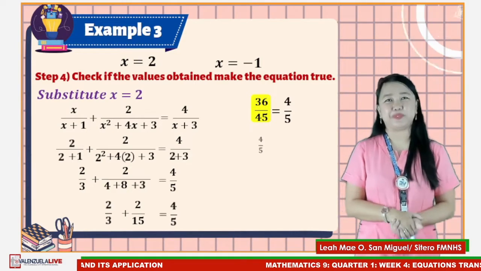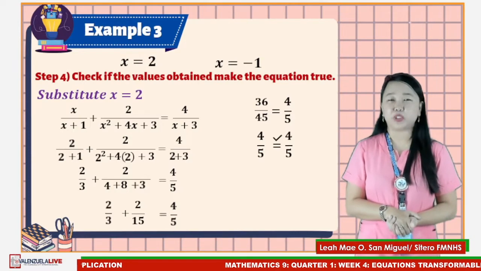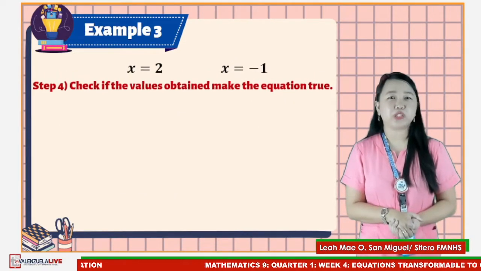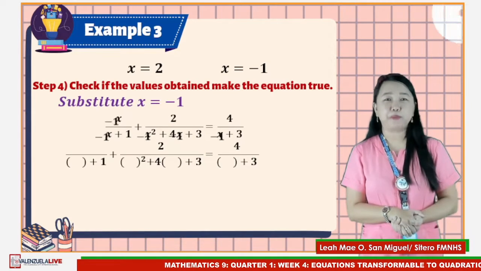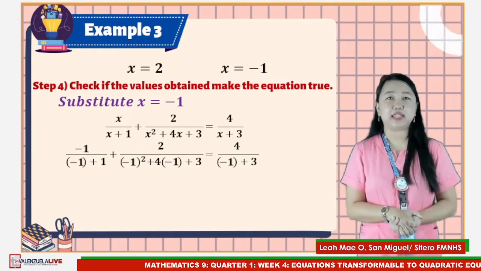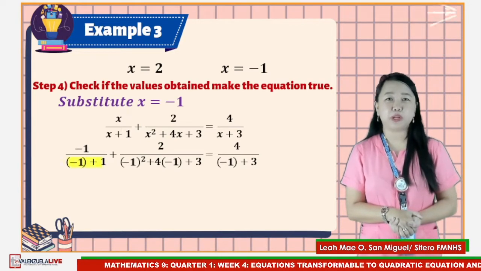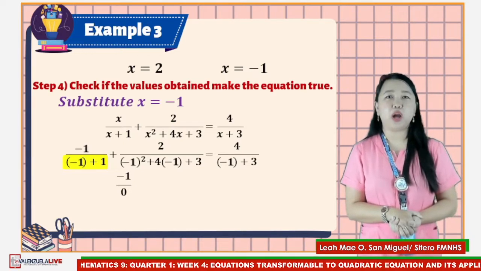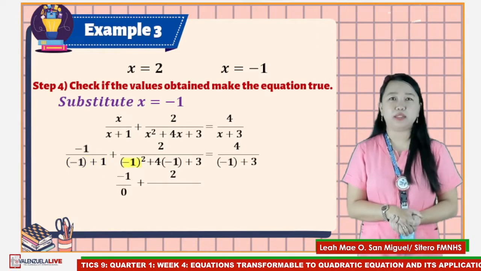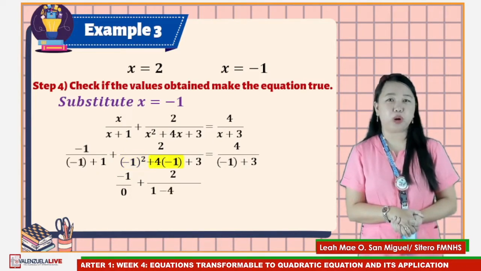Check. On the other hand, substitute x is equal to -1 to the original equation. Perform the operations indicated in the denominator of the equation. -1 plus 1 is 0. -1 squared is 1. 4 times -1 is -4.